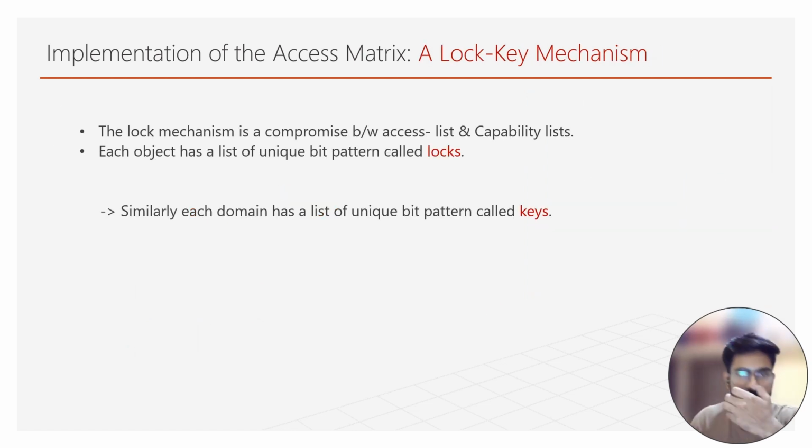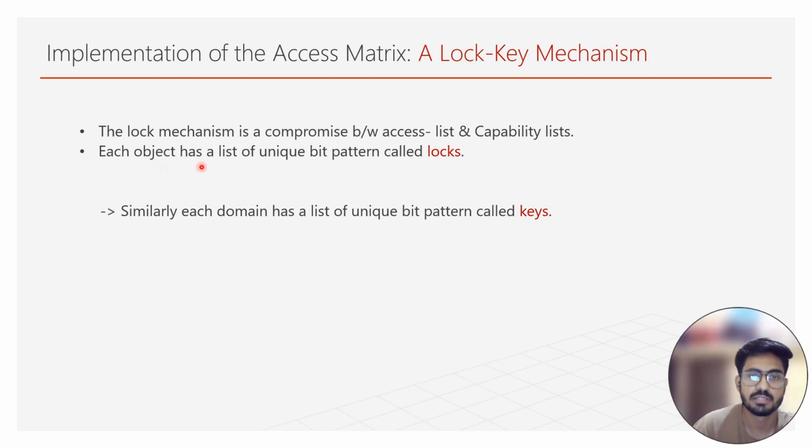The fourth part of the implementation of the access matrix is the lock-key mechanism. The lock-key mechanism is a compromise between the access list and the capability list. As I taught, the access list is driven by columns and the capability list is driven by rows only.